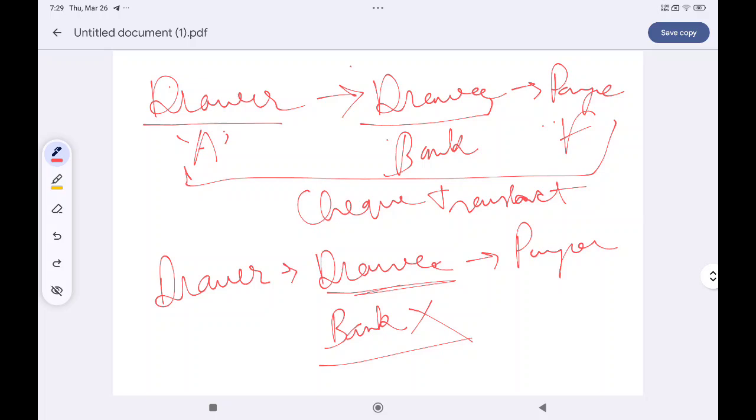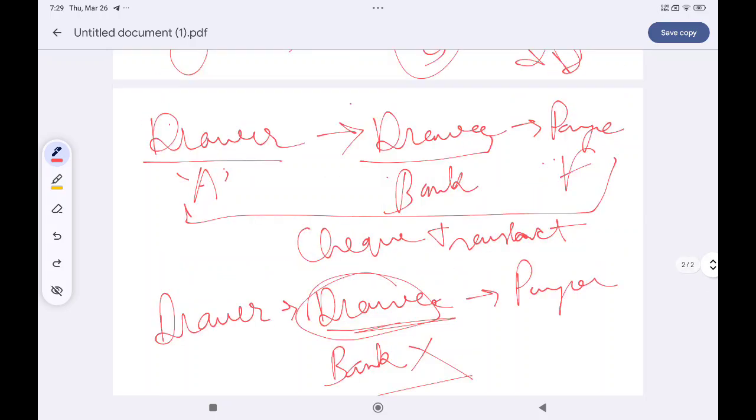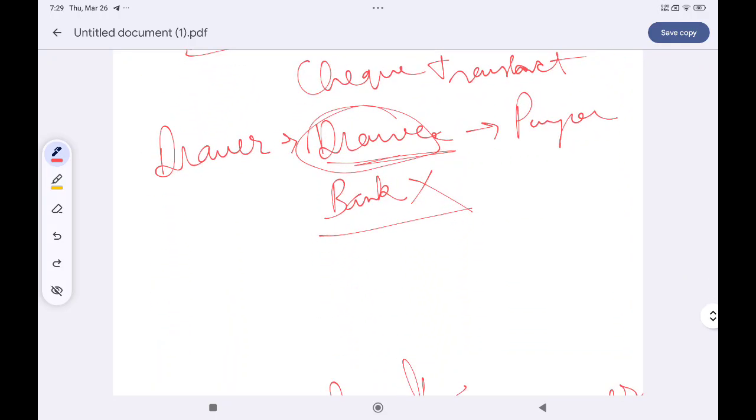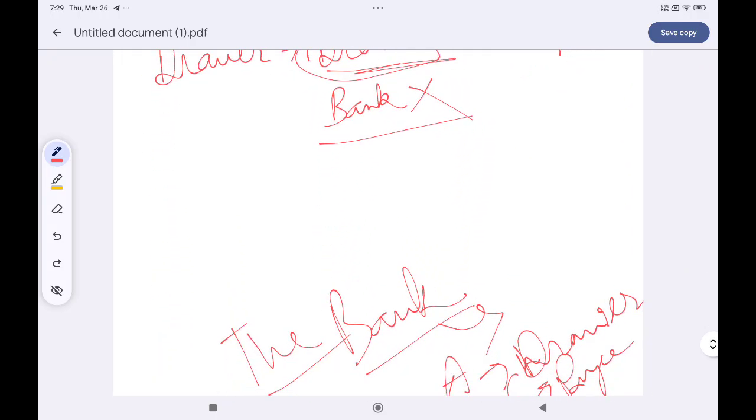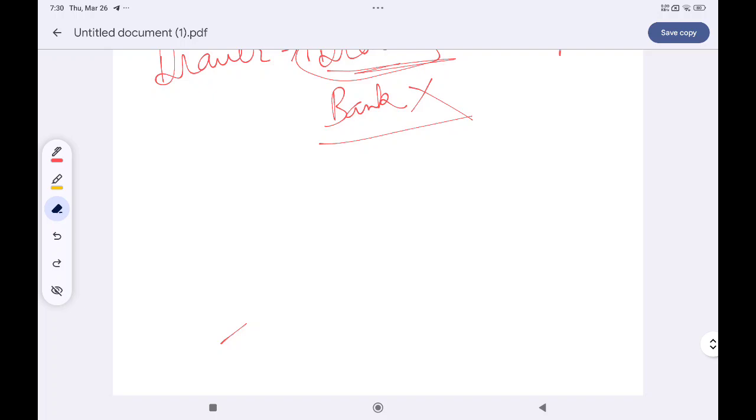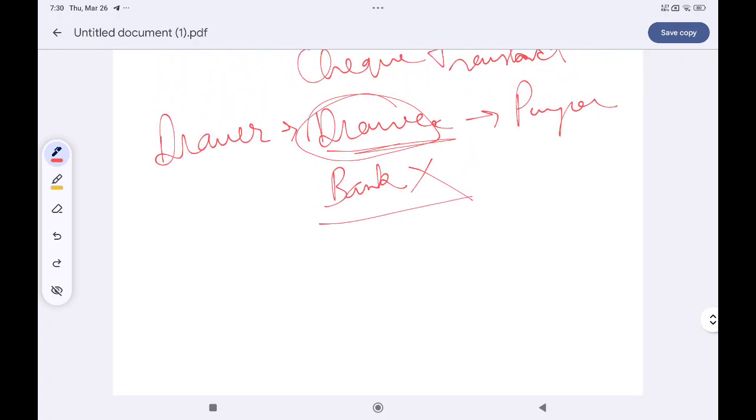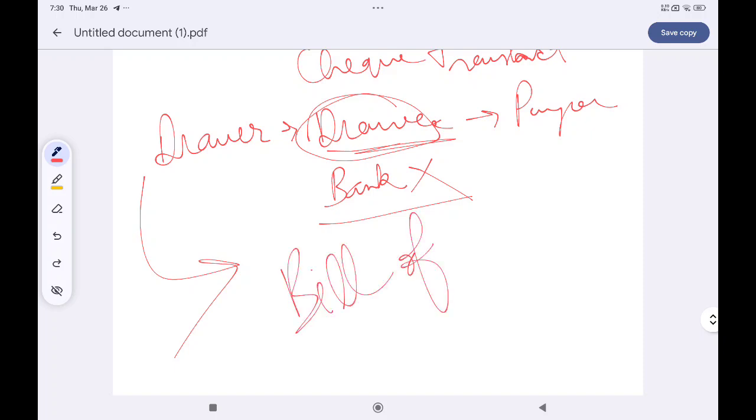For example, if there is no involvement of the bank in this kind of transaction, where one person gives another person a sum of money in return, and there is a third middle person who transfers that money, but he is not the bank, then in that case, when there is no involvement of the bank, we call it a bill of exchange.